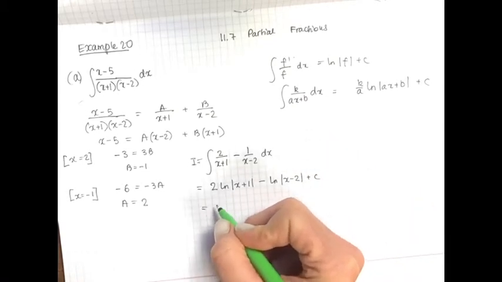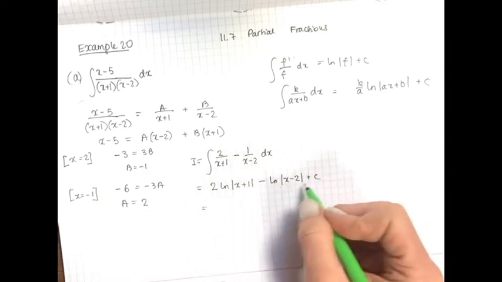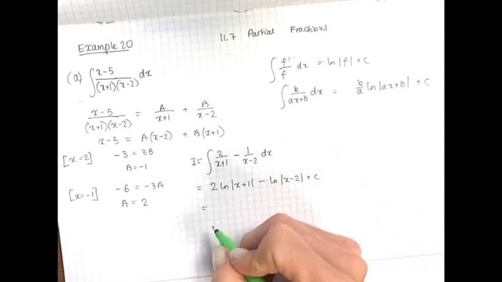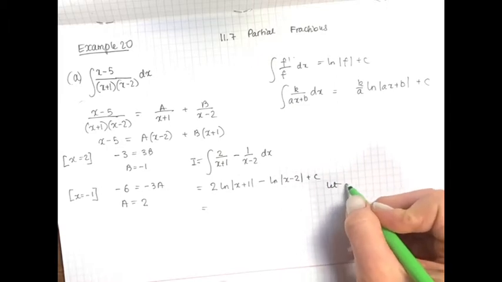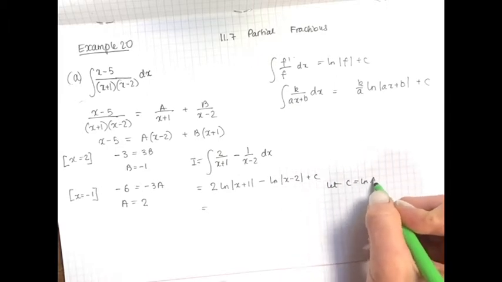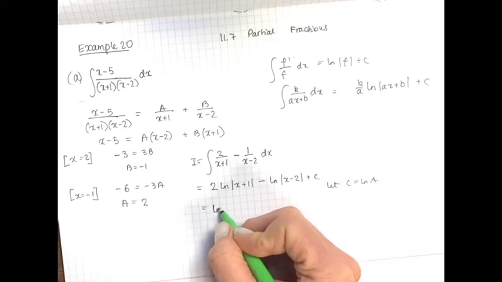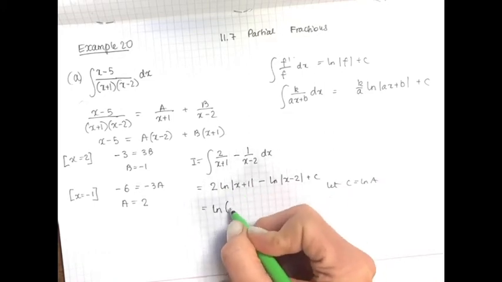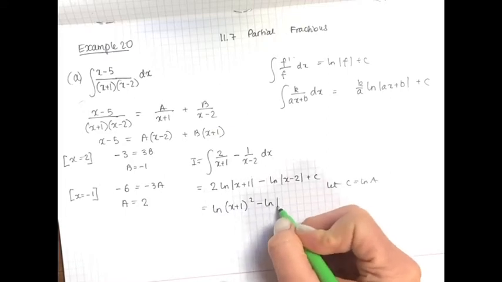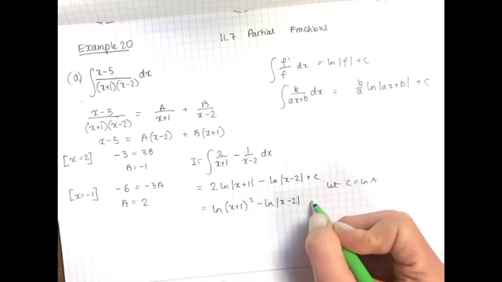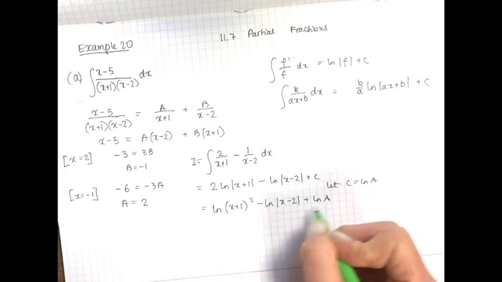You might be required to combine all of these terms into one ln. In that case, you need to let c equal ln a, and then you move that 2 as a power. So it's ln of x plus 1 squared, minus ln of x minus 2, plus ln a.